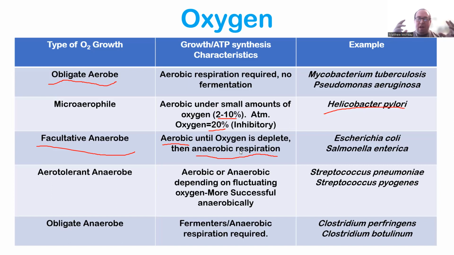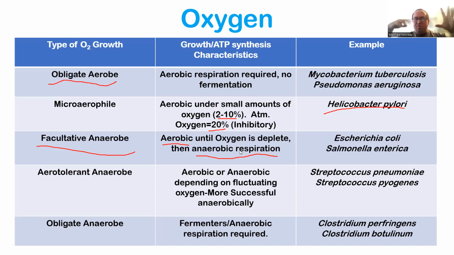They have a lot of biological flexibility in that they are really good at growing aerobically and performing aerobic respiration and oxidative phosphorylation, but they can then drive anaerobic respiration and still generate this 36 ATP in the absence of oxygen. Examples of this are E. coli and Salmonella.